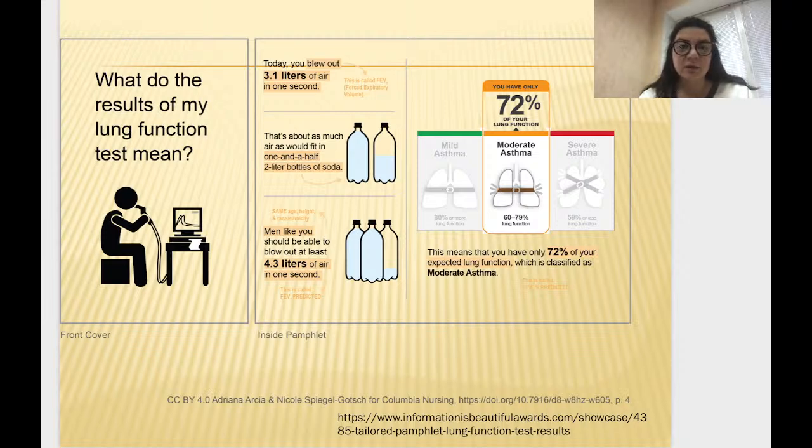Men should be able to blow out at least 4.3 liters of air in 1 second. And a decrease of this volume or a decrease of the airflow tells us about bronchoobstruction.